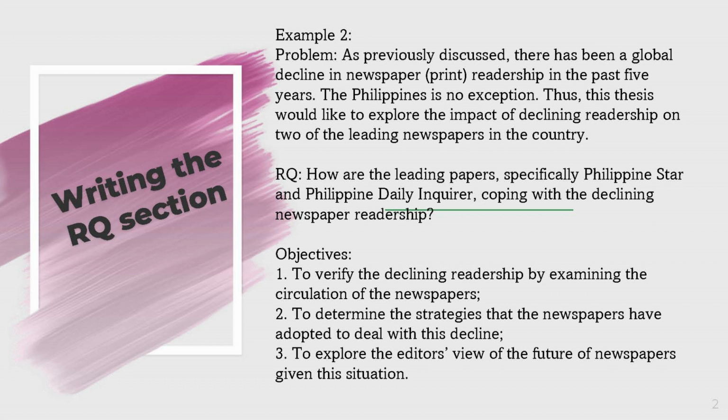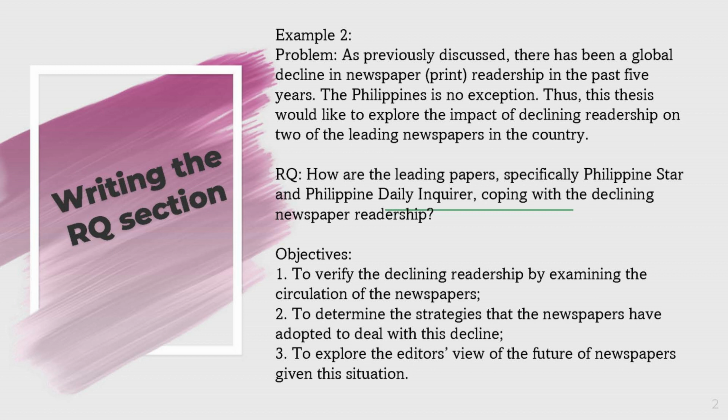A second example. The problem: as previously discussed, there has been a global decline in newspaper print readership in the past 5 years. The Philippines is no exception. Thus, this thesis would like to explore the impact of declining readership on two of the leading newspapers in the country.